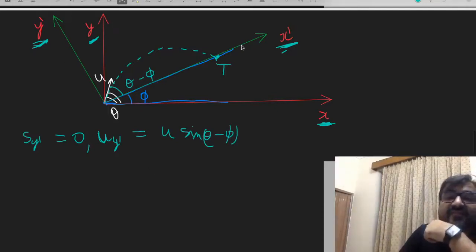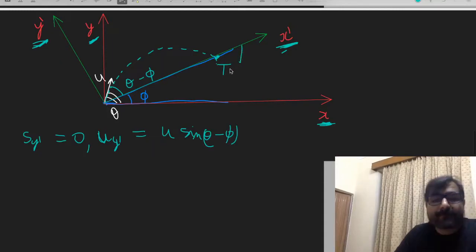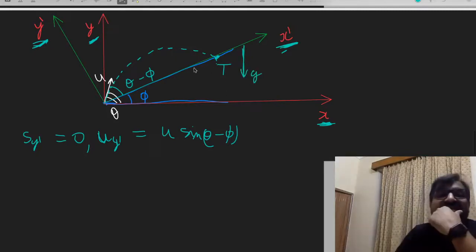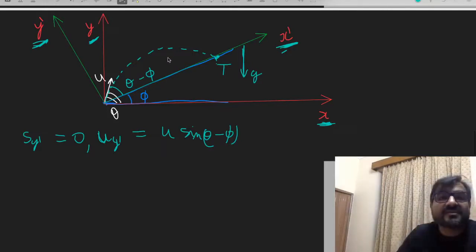gravity also will have a component now. The force of gravity acting on this particle will also have a component.